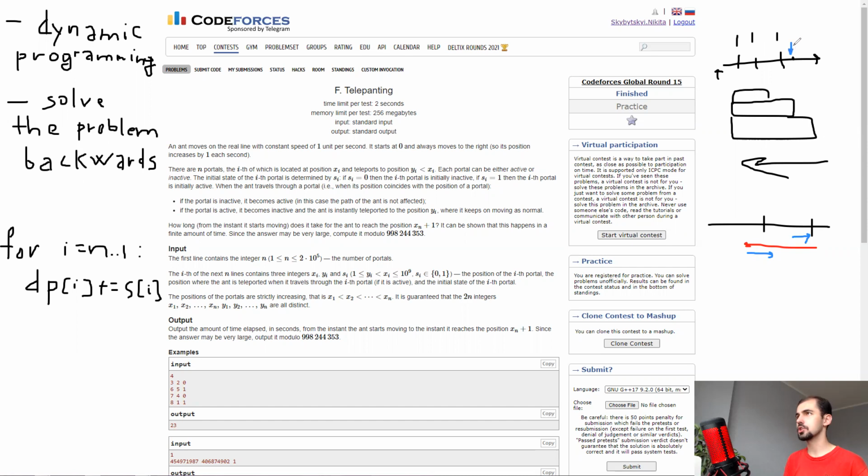If we are at some location, then all previous portals are turned on. In particular, when we get here, this portal is turned on. So here it will be guaranteed to get activated and teleport us back to some location. And in fact, this is true for all portals in between. They are all turned on. And at some point, they will teleport us back.